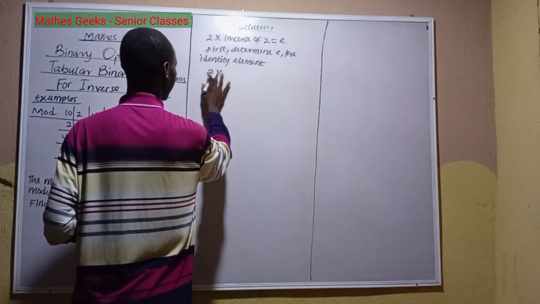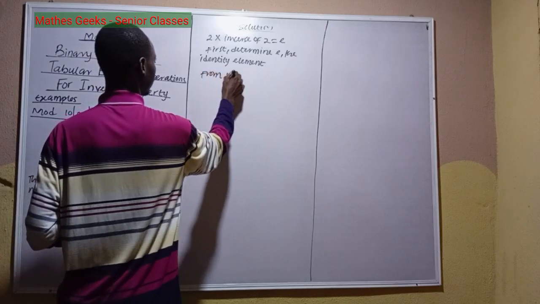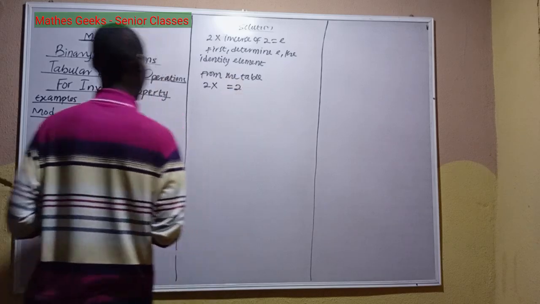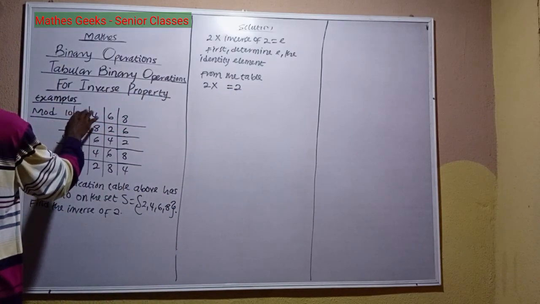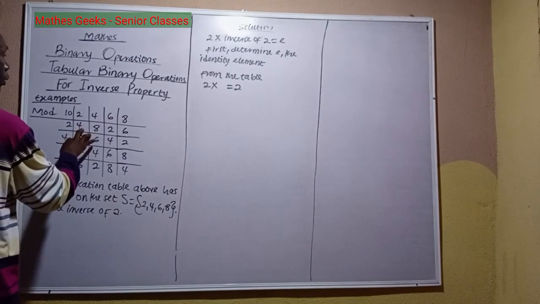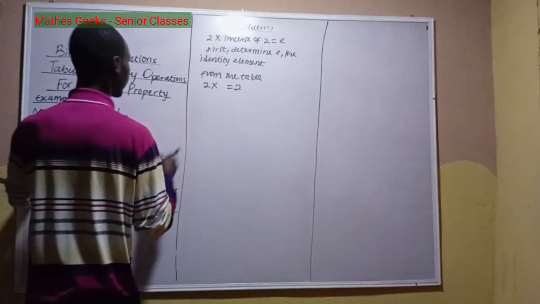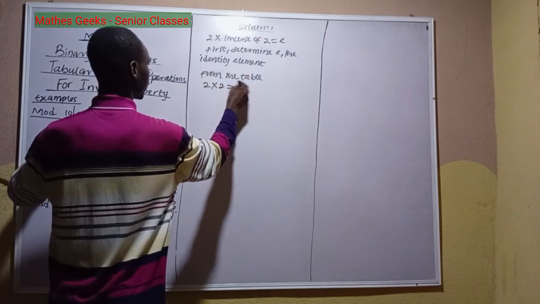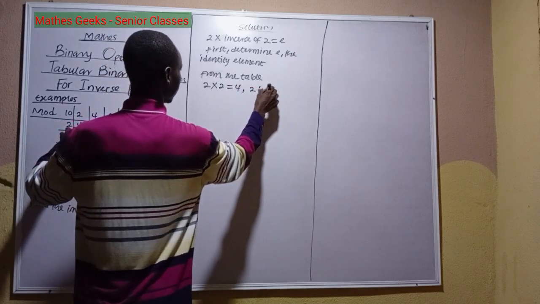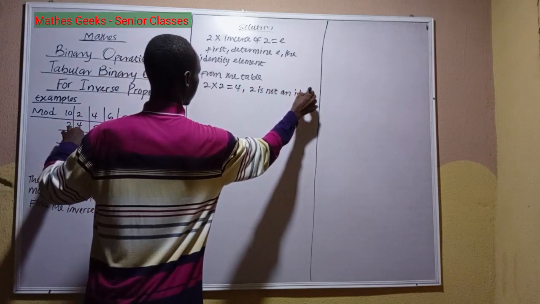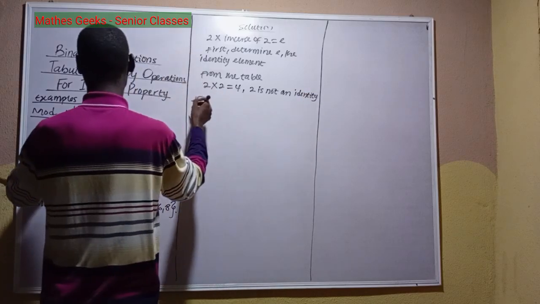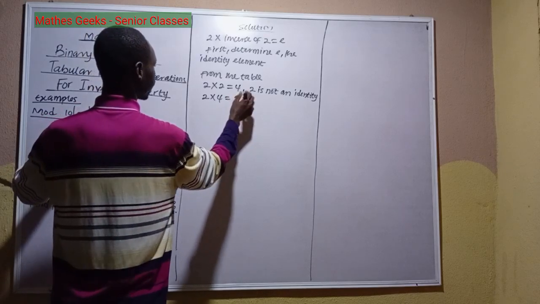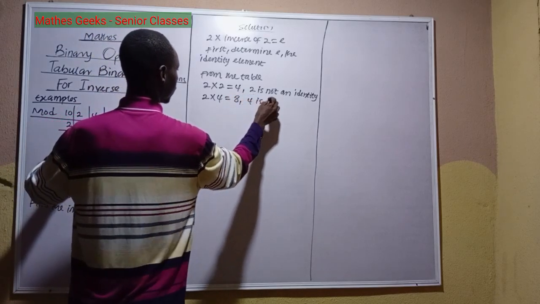Let's say from the table, 2 multiplied by what will give us 2. 2 times 2 will give us 4. 2 is not an identity because it did not give us 2 back. 2 times 4 modulo 10 is 8, so 4 is not an identity.